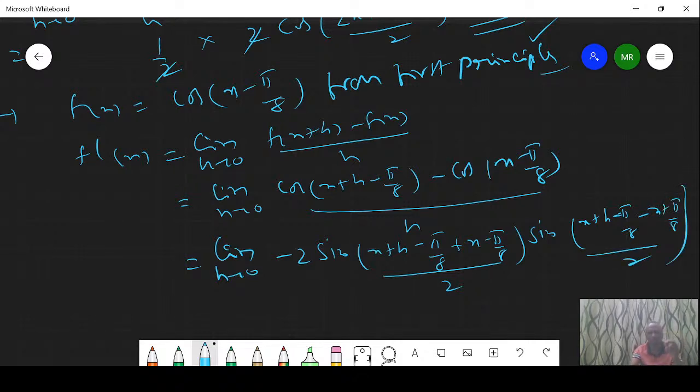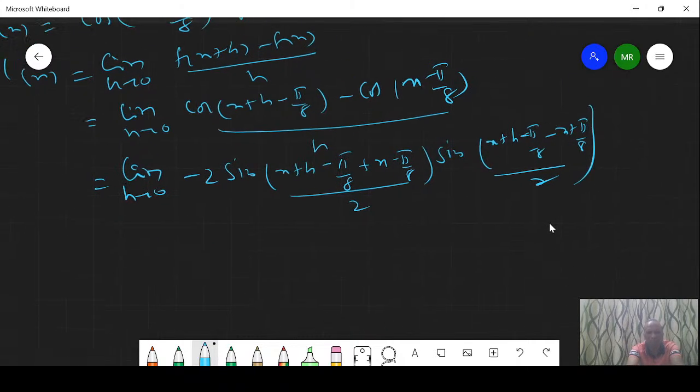You can write like this, right? Minus 2 sin (c plus d) by 2 sin (c minus d) by 2. You will get like this, right? So limit h tends to 0, we get like this.